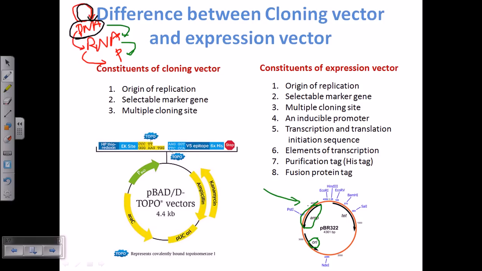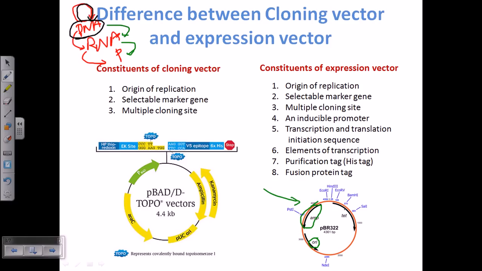That means if we plate this particular bacterial colony onto an agar plate containing the ampicillin antibiotic, those colonies that have this gene will start to grow, because this gene gives them the ampicillin resistance protein or ampicillin resistance mechanism. The third important thing is the multiple cloning site, or we can say the polylinker region.